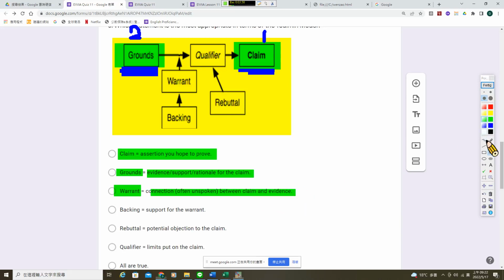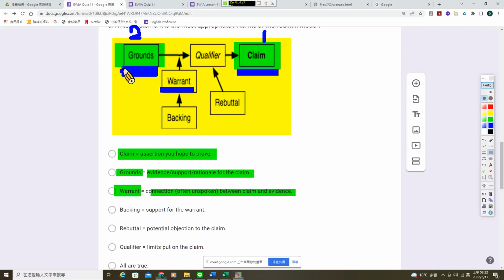For example, let's say, I believe that DIA students are good students. And the grounds is that they spend 5 more hours than the average college student does in their own college. So 5 hours. So what would be my warrant?